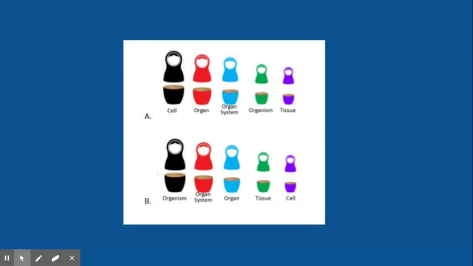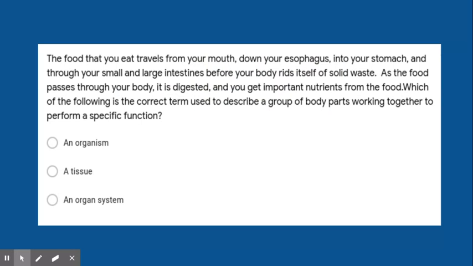Another question on the Google form is which one is in order from smallest to largest. If you start at the purple and work your way to the black, it's asking you which one is in order. The food that you eat travels from your mouth, down your esophagus, into your stomach, and through your small and large intestines before your body rids itself of waste.